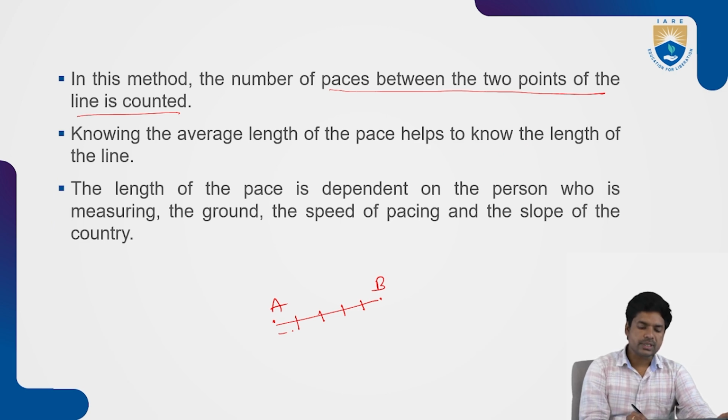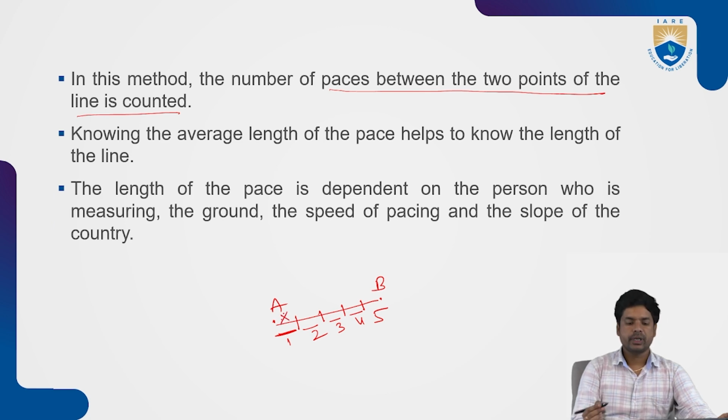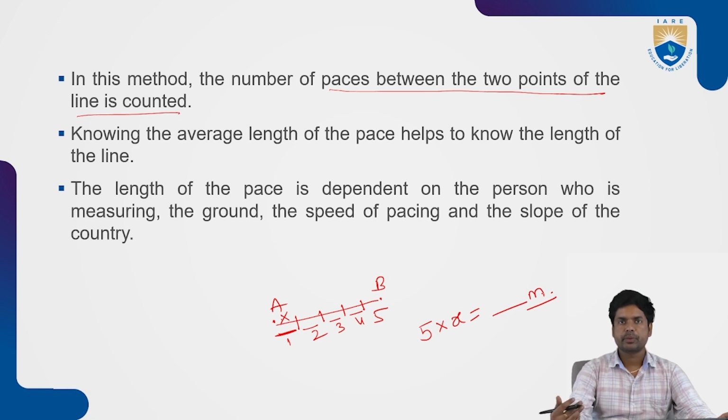Suppose here we have 1, 2, 3, 4, 5 paces, a total of 5 paces, and assume the average length of one pace is x. Then if you multiply the number of paces by x, that gives the distance in meters or millimeters depending upon the measurement.